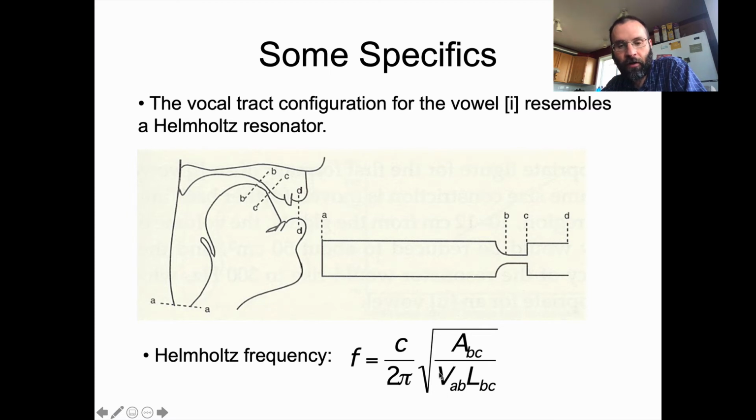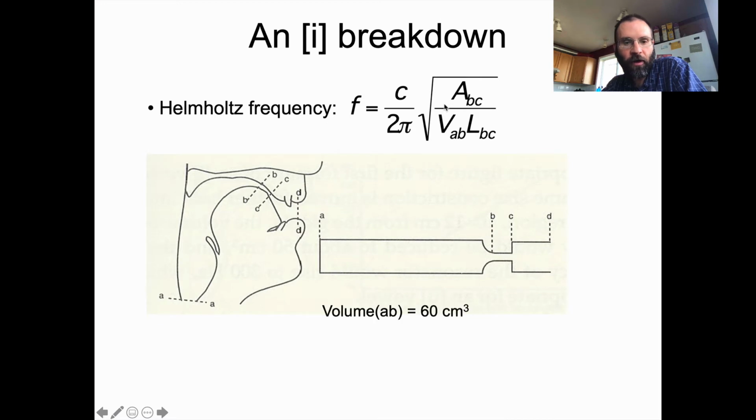The bigger the volume behind the constriction, the lower that formant frequency is going to be as well. So we have a pretty large cavity here in the back, so it has a lot of volume that would drive this resonant frequency down. The cross-sectional area as well, the smaller that gets, the lower the resonant frequency is going to be. If you open it up a little bit more, that's going to make it a higher frequency, right? I'll show you what the math looks like.